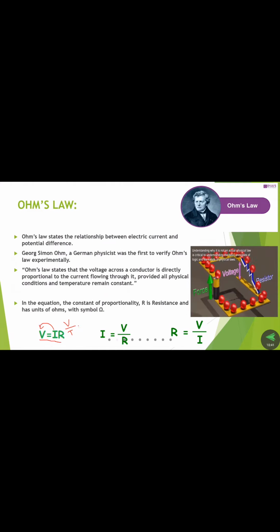Whenever it moves to the LHS side, it comes to the denominator. Just moving LHS side into RHS side, RHS side into LHS side. So finally, we get the equation R equals V by I. So this is the R value.